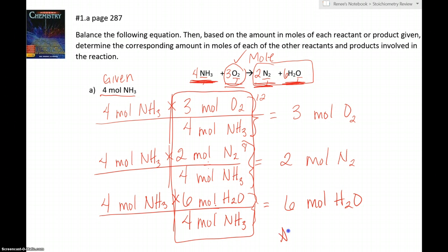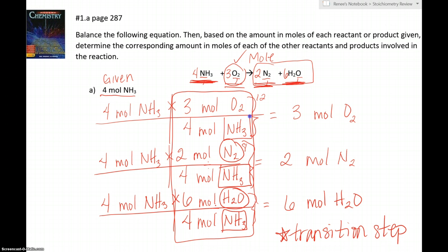I like to call it the transition step, because you are transitioning from the compound that was given to you to the compound that you're trying to find.